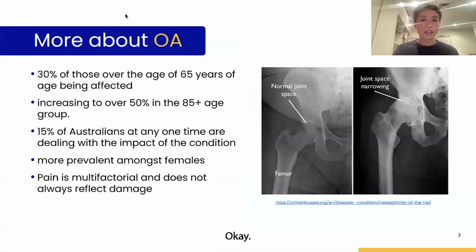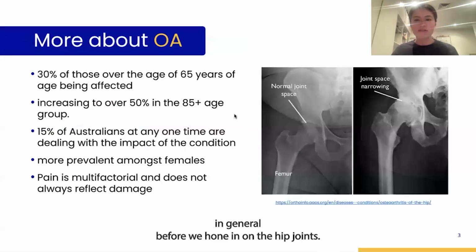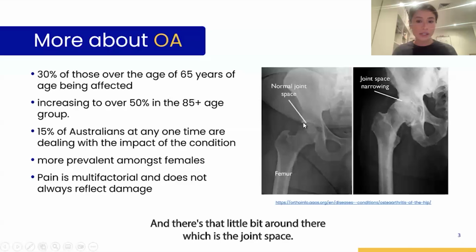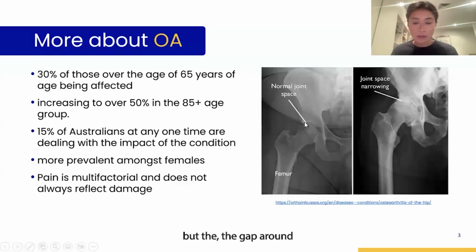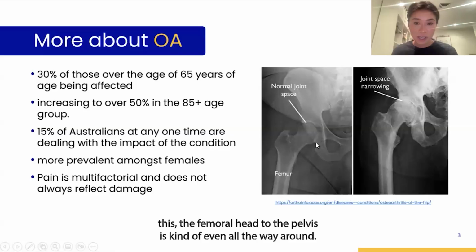Okay. So just a bit more about osteoarthritis in general before we hone in on the hip joint. On the picture, I'll go through that first. On the left, you'll see the femur or your thigh bone, and there's that little bit around there, which is the joint space. You can see in this picture, maybe hard to see, I know it's a bit small, but the gap around the femoral head to the pelvis is kind of even all the way around.